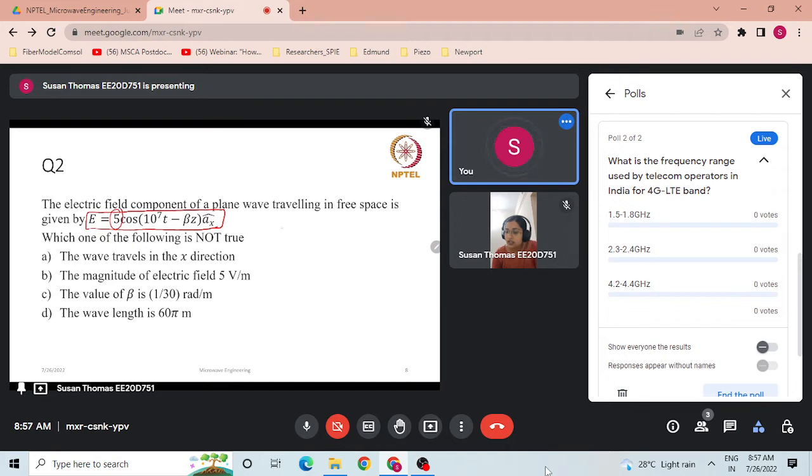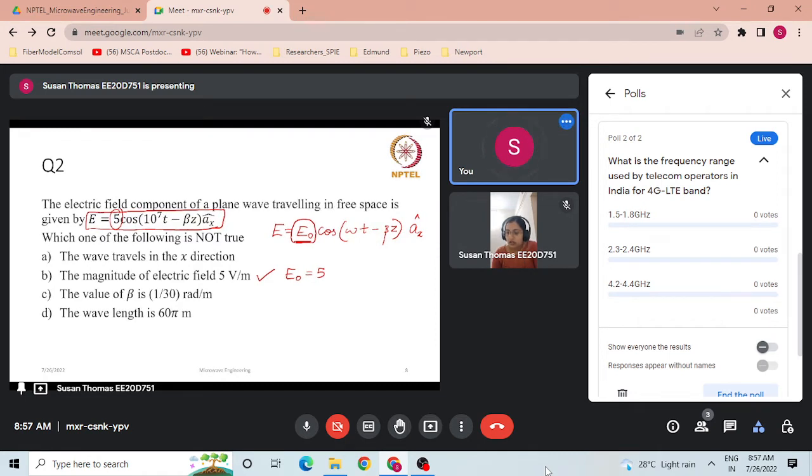This is generally of the form E naught cos of omega t minus beta z, and this is the x component, which we represent with ax cap, where E naught is the magnitude of the electric field. So option B is correct because the magnitude of electric field is 5 volts per meter.